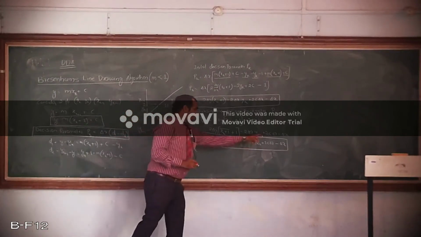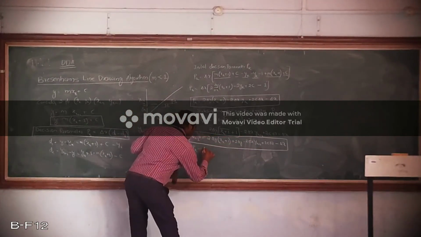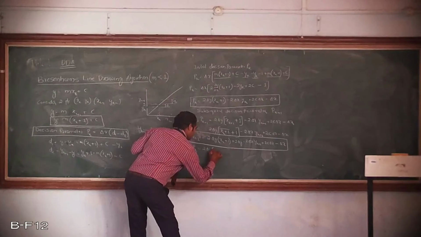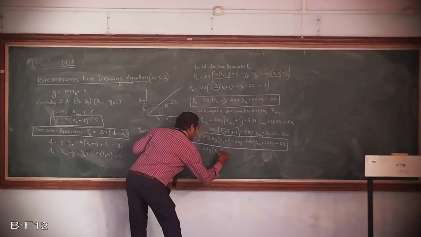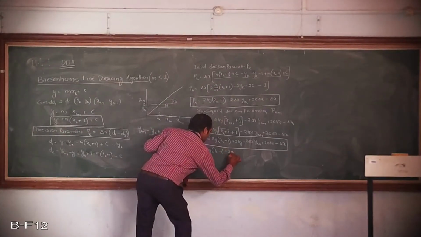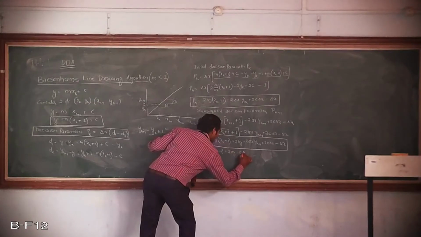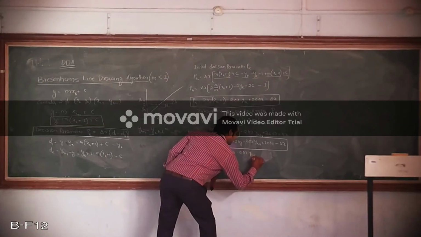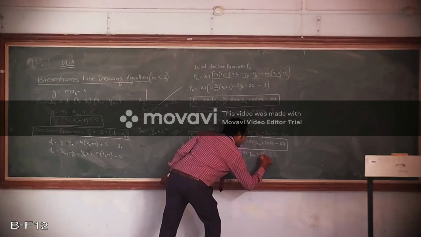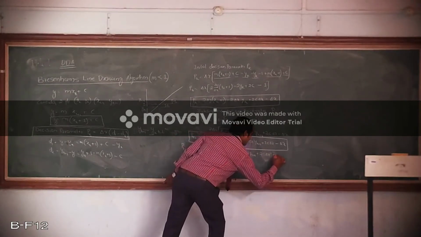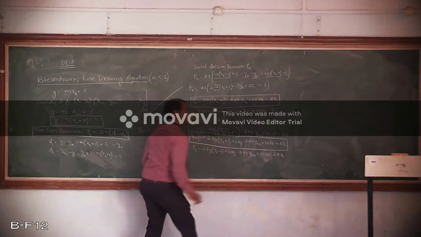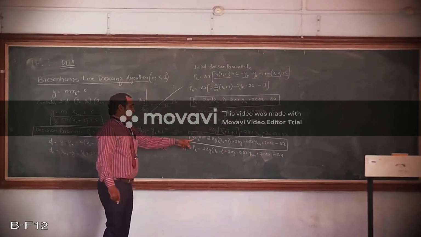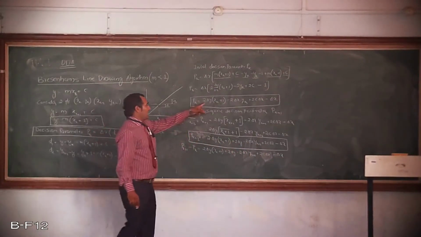So this term as it is, 2 delta y into xk plus 1 plus 2 delta y minus 2 delta x into yk plus 1 plus c delta x minus delta x. This is the value of pk plus 1. Now I need to subtract this pk.